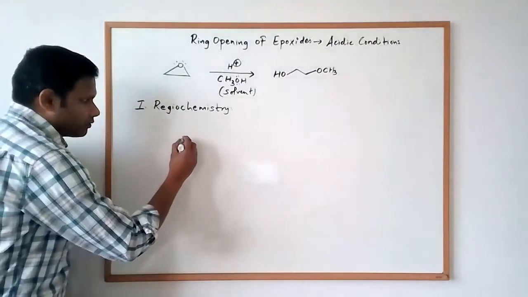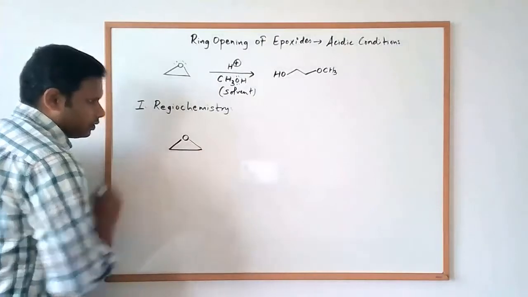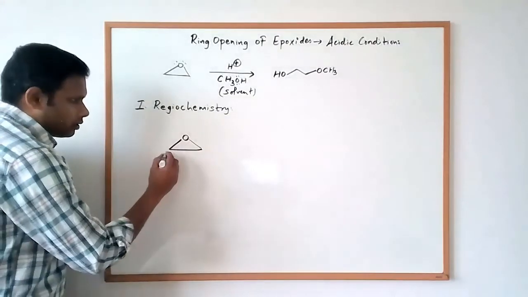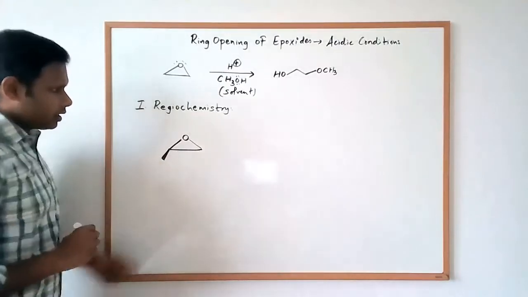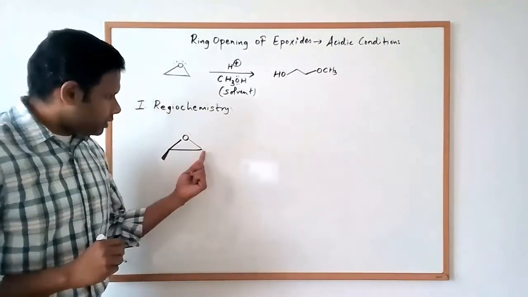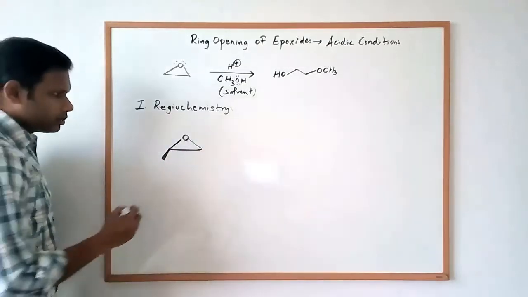So if we have an epoxide where we have one of the carbons as a primary carbon, okay, and the other carbon as a secondary carbon.